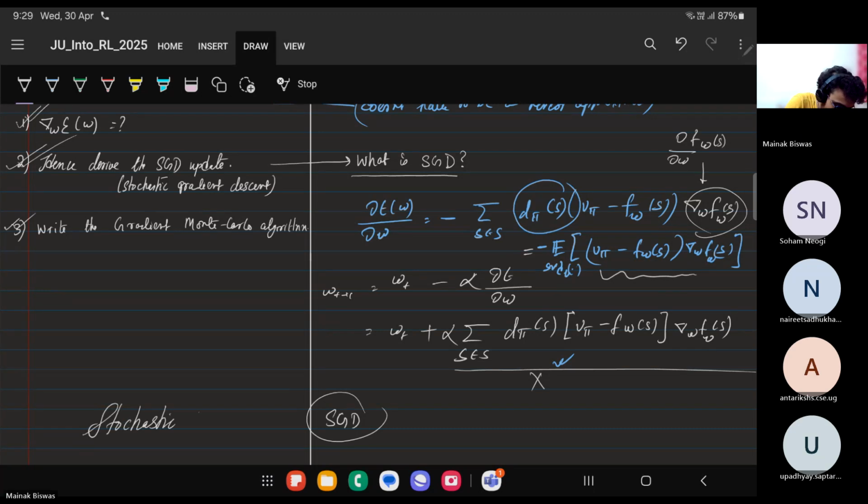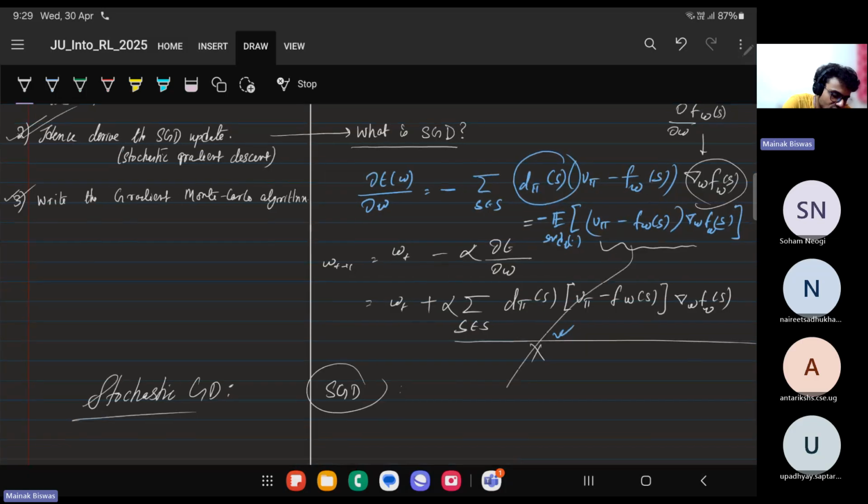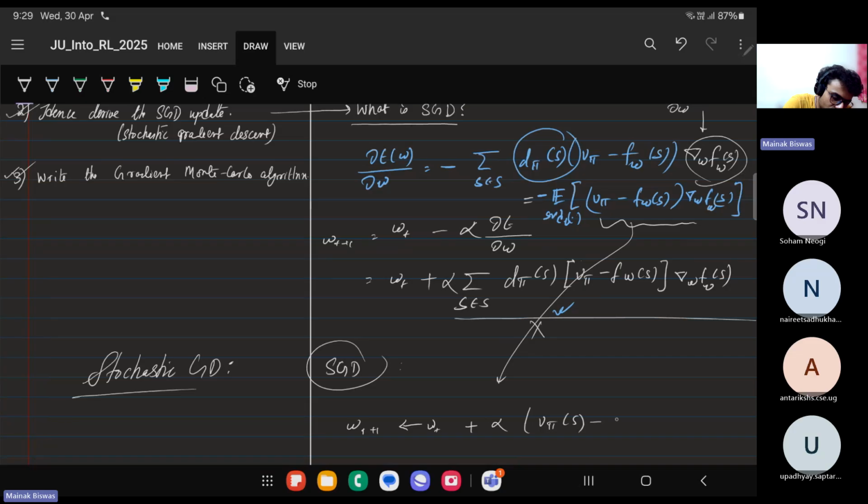All we need to do is just write this. So we can write W_{t+1} as W_t plus alpha times (V_pi(s) minus f_W(s)) times the gradient of f_W(s), just for one state we can update. Are you understanding?